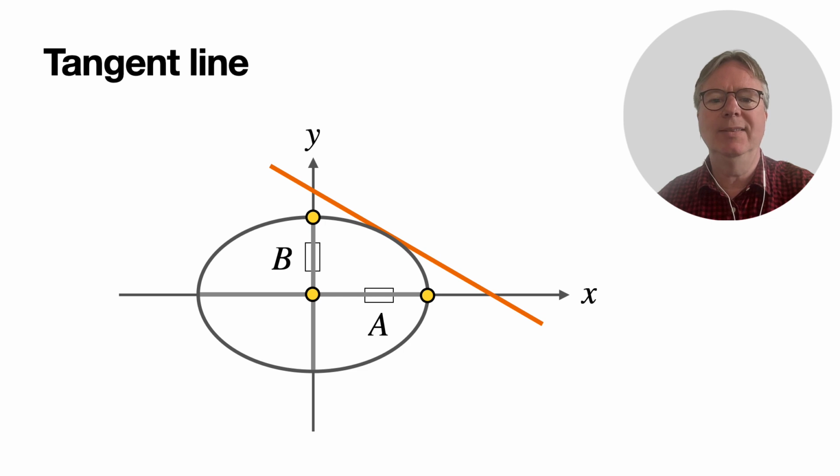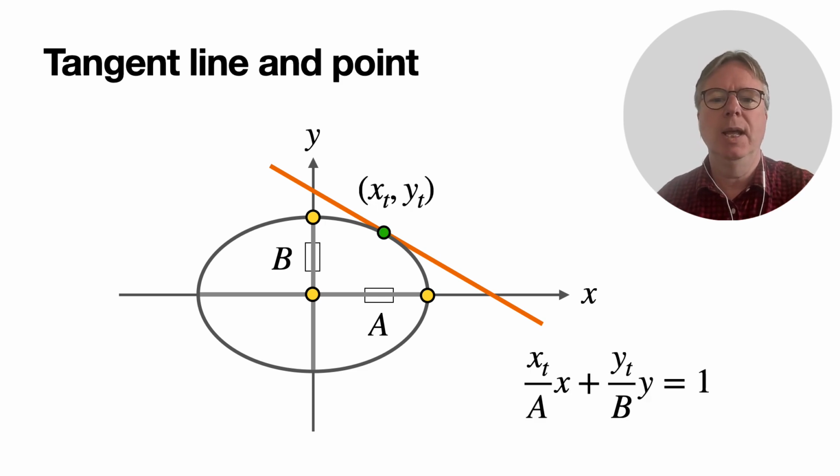Now let's look at a tangent line, a line that touches the ellipse in one point, and it gives the orientation of that little line segment. We call the tangent point xt, yt. There's a simple formula for that orange line: xt over a times x plus yt over b times y is 1.